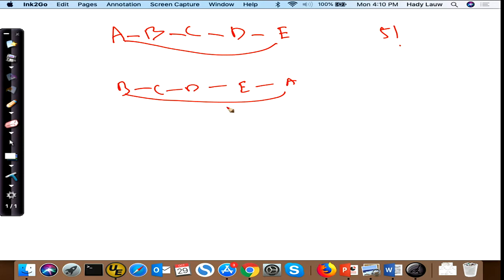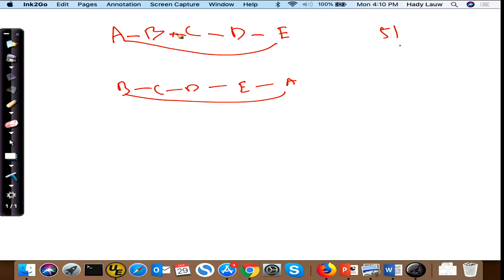But because this is essentially a circle, once we discover a particular permutation, if we shift everything by 1, for example, A goes to the other end, and we start the tour from B, it turns out that all the distances that we get are still the same.